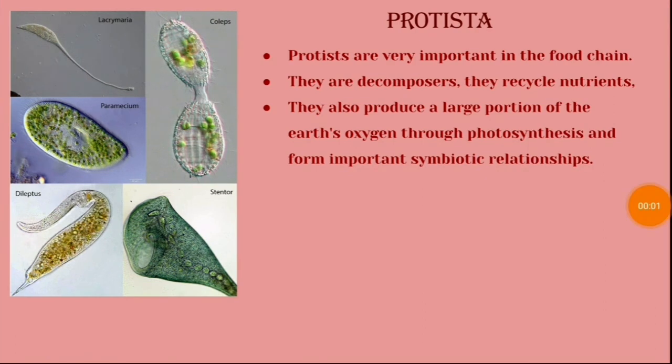So these protists also help in production of Earth's oxygen through photosynthesis by symbiotic relationship. Symbiotic is mingling with other organisms, and together they produce certain products, which is called a symbiotic relationship.